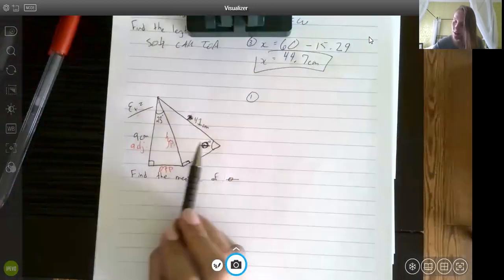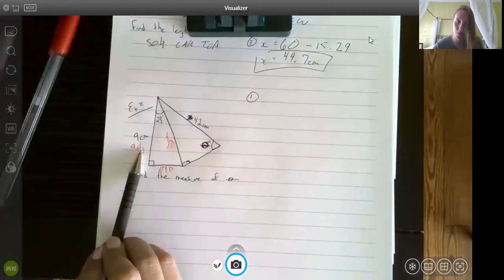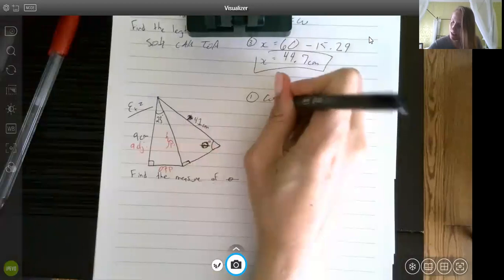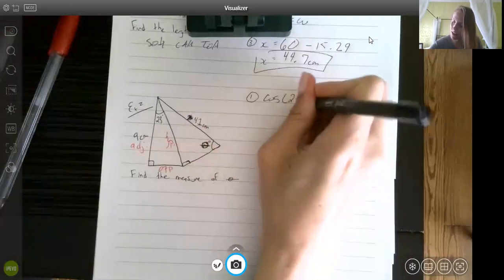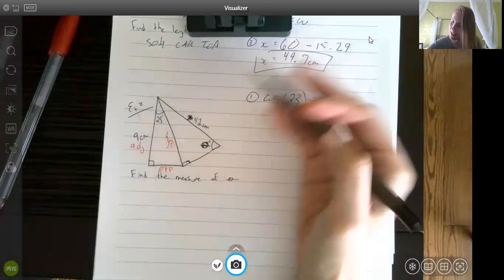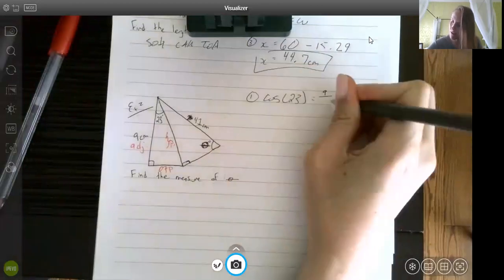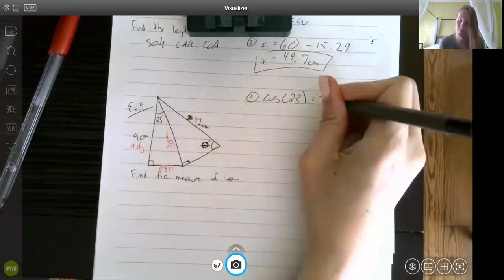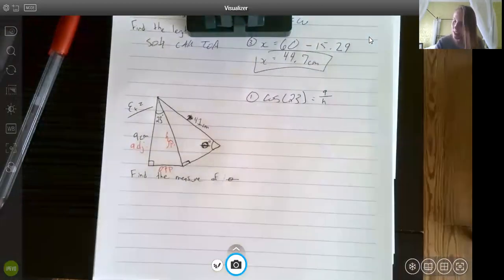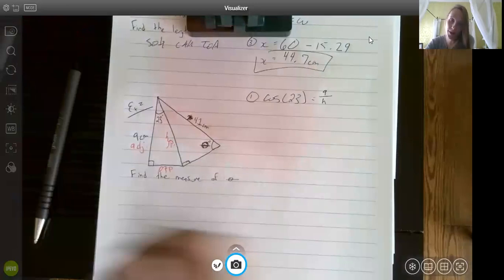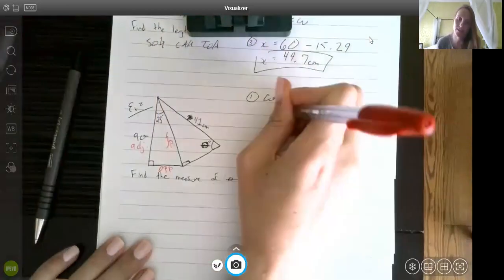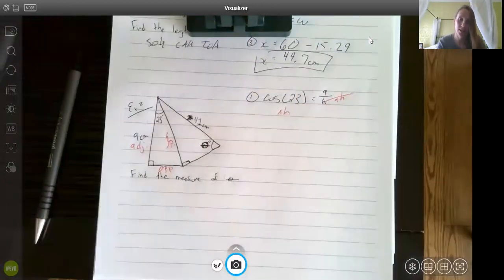the ratio that uses the adjacent side and the hypotenuse is my cosine ratio. So the cosine of 23 is the adjacent side over the hypotenuse, which I'm just going to call h for now. So of course, because the h is on the bottom, I need to multiply by h, which cancels it out, and then do the same to the other side.